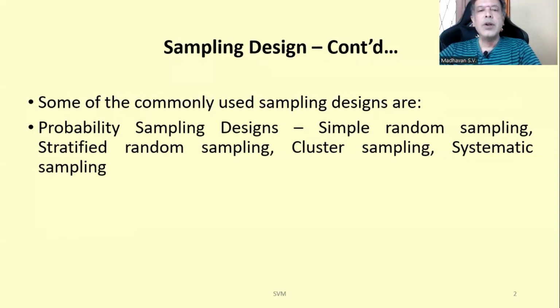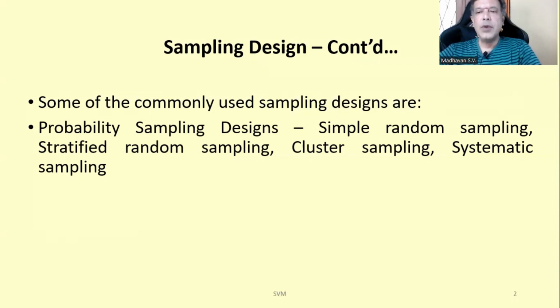Then you go to each individual stratum and do random sampling in that, so that every group will have an opportunity to be a part of the sample. That is the whole idea about it.